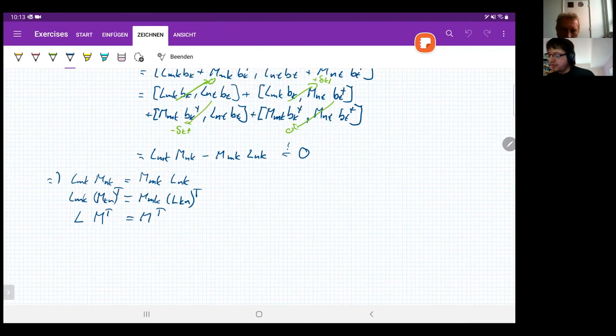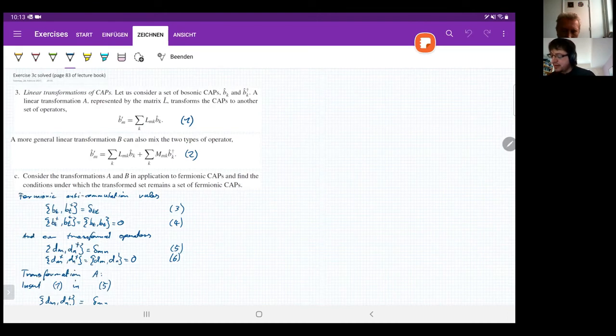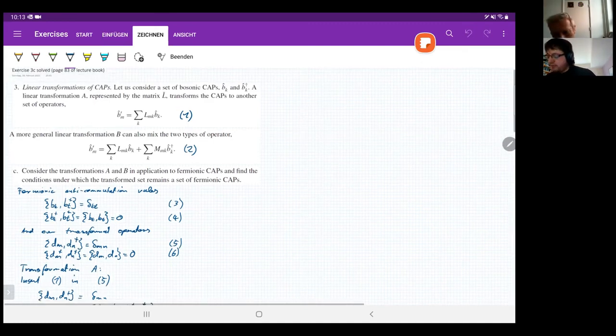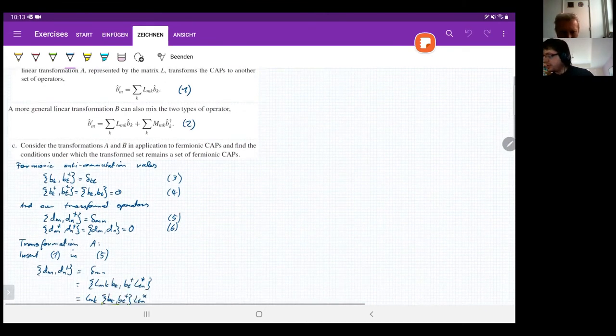what the differences are. First, instead of commutation relations, we have anti-commutation rules. The big crucial step is that for A we get the same condition, but for B we get a different condition, because with the anti-commutation rules you don't get the minus sign if they're in the different order.